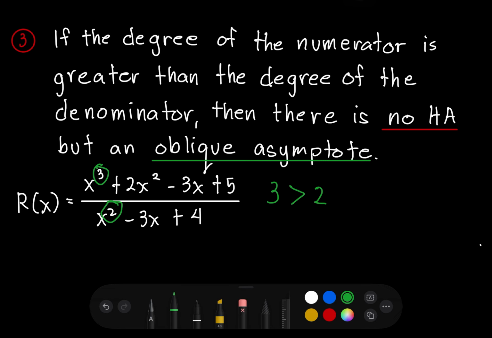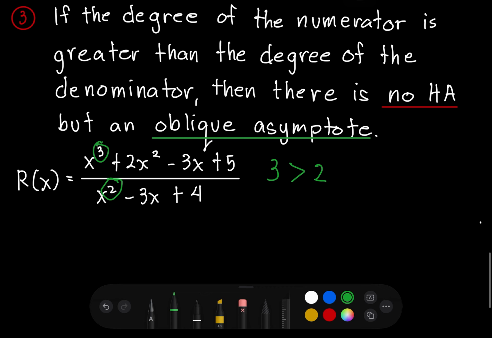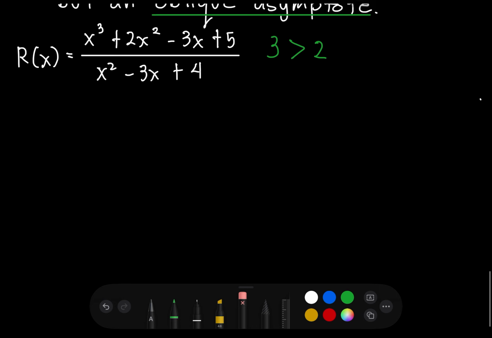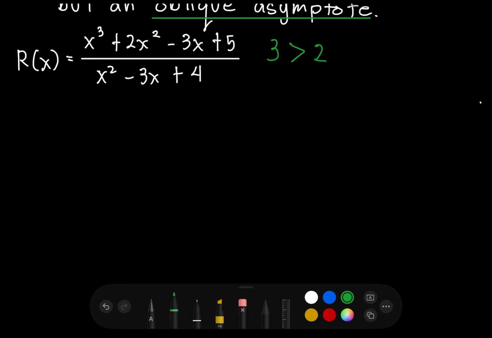All we need to do is to use the long division. Okay? Long division of polynomial. So, since we have x cubed plus 2x squared minus 3x plus 5 divided by x squared minus 3x plus 4, how can we divide that? Now, yung numerator, this is the long division.